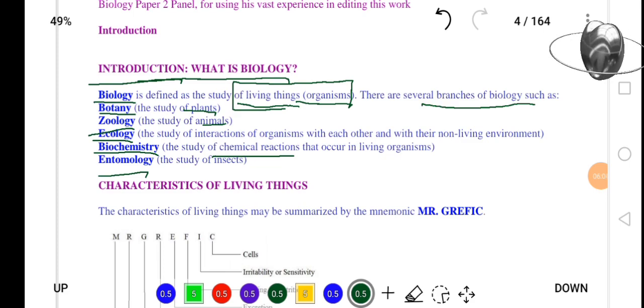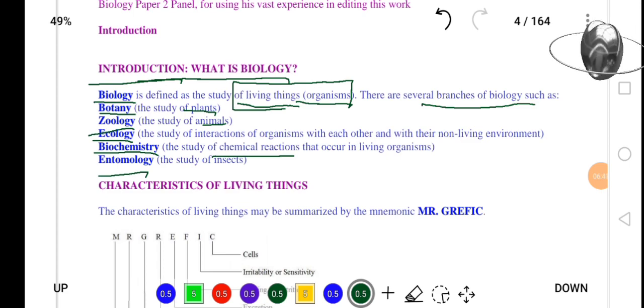When we are explaining that biological term, respiration, at the end of the day we are going to involve chemical reactions, because there we are going to be reacting glucose with oxygen. Glucose is a chemical, oxygen is also a chemical, but what is going to be happening when the reaction is taking place, that is going to be biological. Why? Because the reaction will be taking place inside the living cells of the living organism.